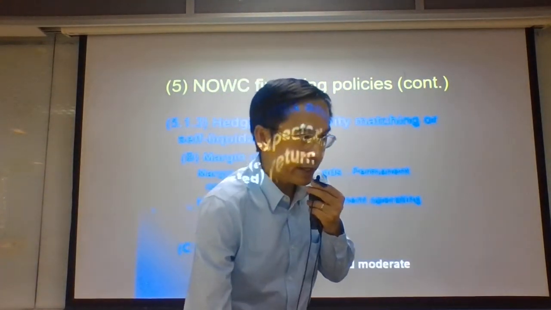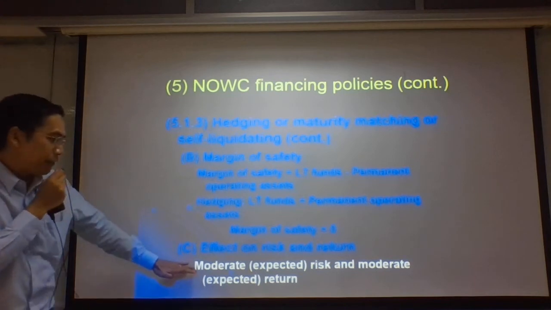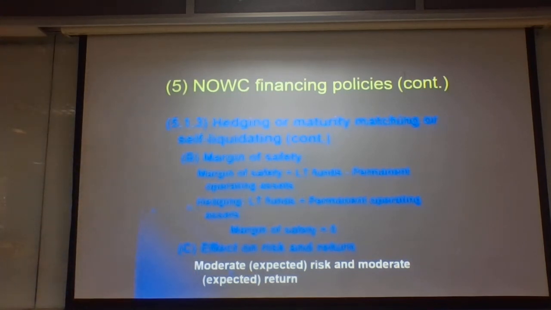For the effects on risk and return, this is a general conclusion. The risk and return should be somewhere between those of the two extremes, okay? And I said this is the general idea.